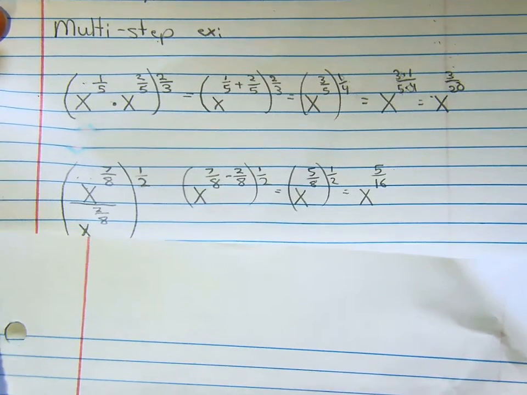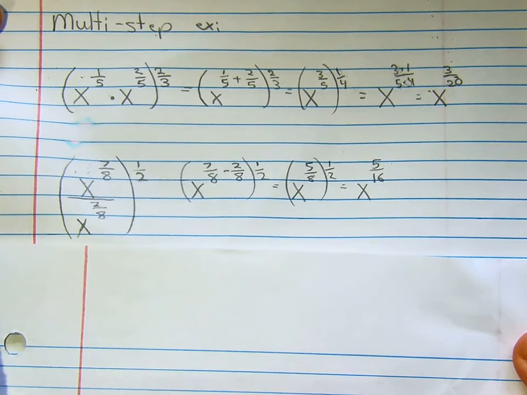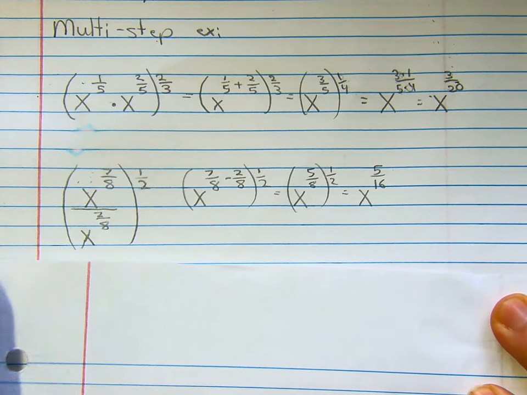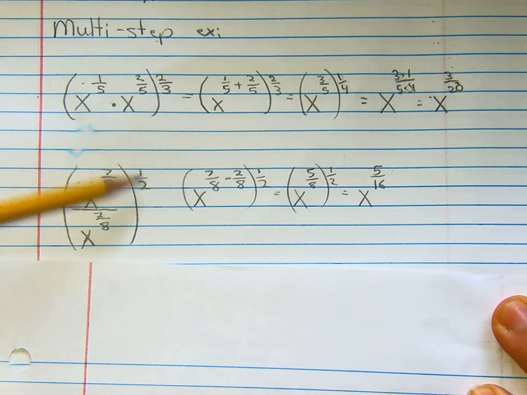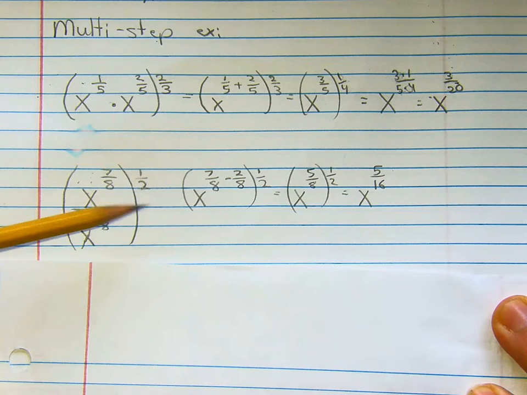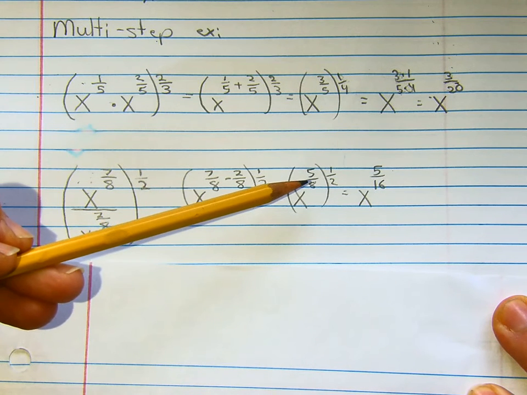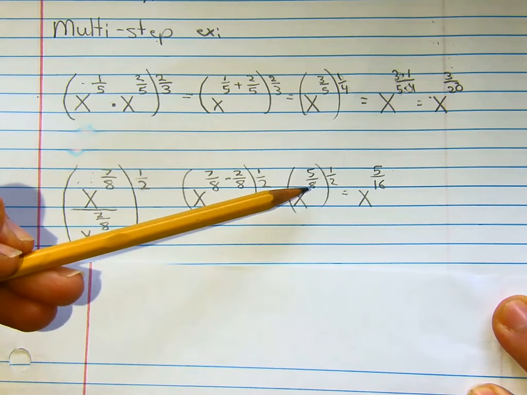So what if you have one that looks like this, and this looks so much more complicated, but just view it as steps, a single step at a time? Well, I have to do what's inside my parentheses first, and here I have 7/8 and 2/8. The division exponent rule says I subtract them first. So 7 minus 2 is 5. My denominator doesn't change.